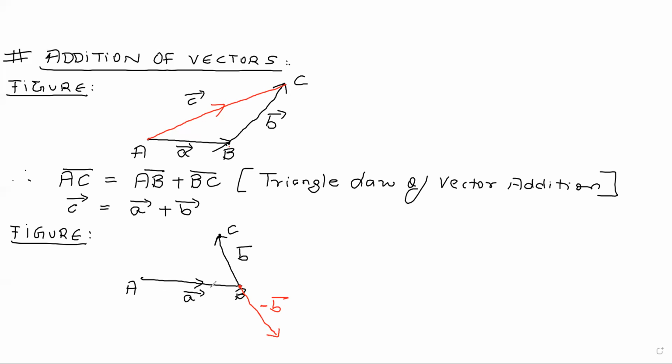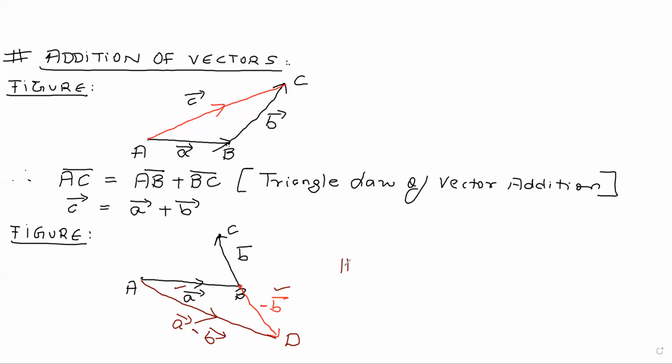Now if this is vector A and this is vector minus B, suppose I call this point D. If I join points A and D, what do I get? The addition of this vector and this vector, that means vector A plus vector minus B. So you can clearly see now the difference between the vectors.